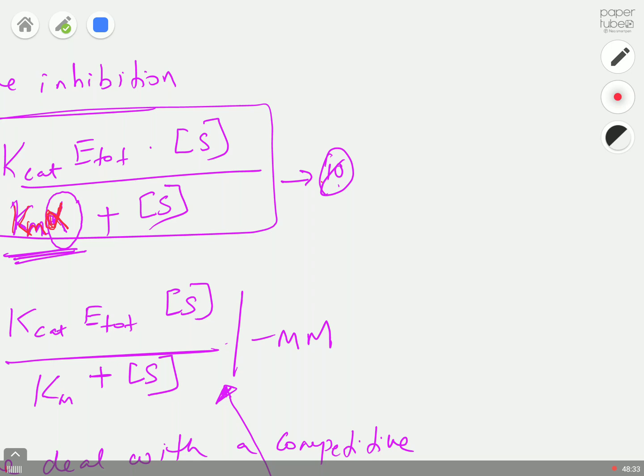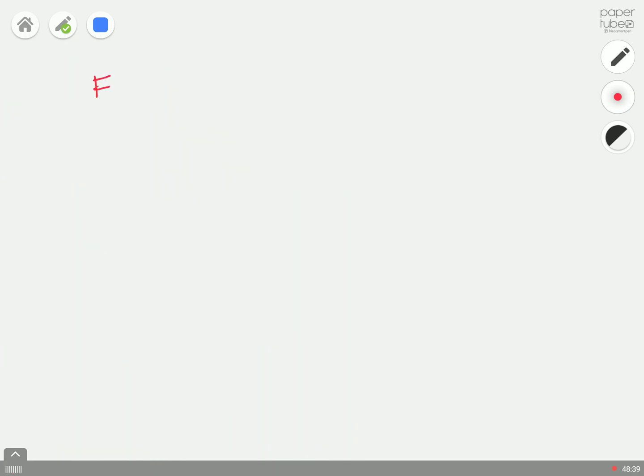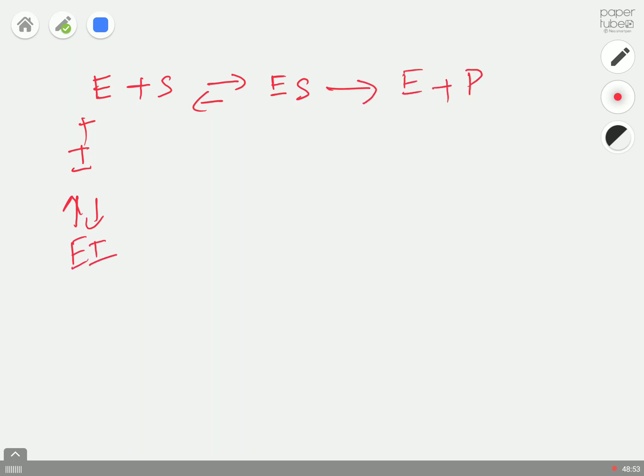Another reason that this happens is, if we go back to that expression, or maybe I can rewrite it again: enzyme plus inhibitor plus substrate. This is a reversible reaction. You get enzyme substrate complex, then you get enzyme inhibitor complex, and then here you get your enzyme plus product.